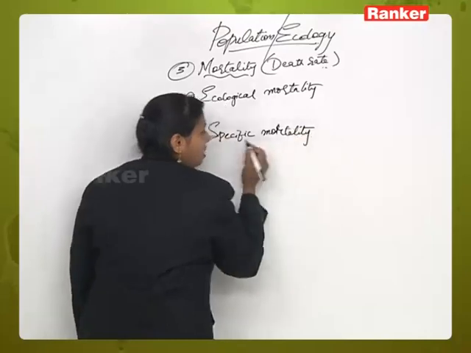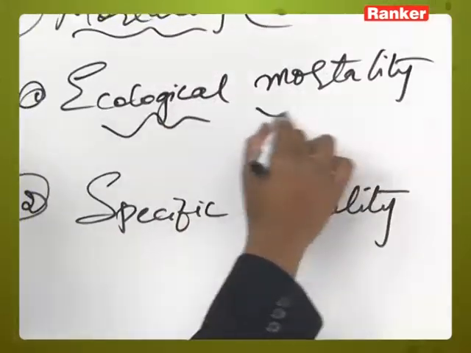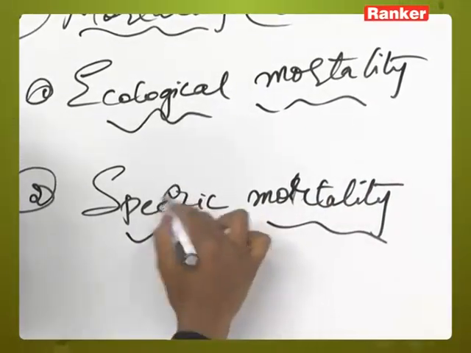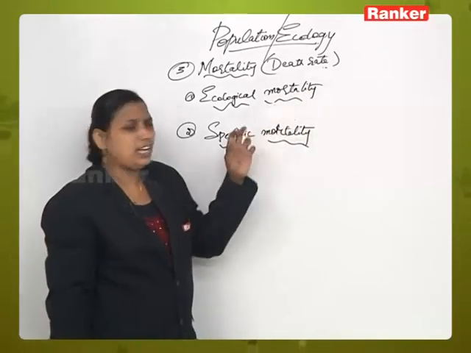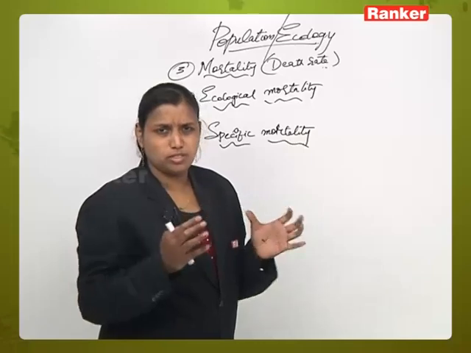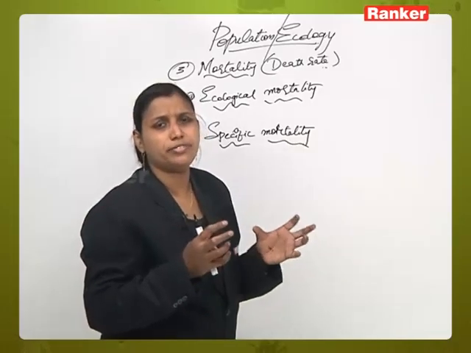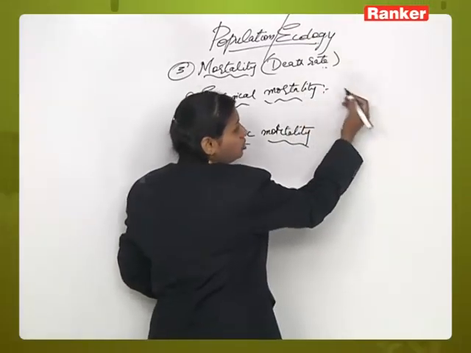As we studied in natality, ecological and specific, here also you have two concepts. Ecological mortality refers to the total actual loss of individuals in a particular population. Out of the total population, how many individuals are dead, that is called ecological mortality, the actual loss.